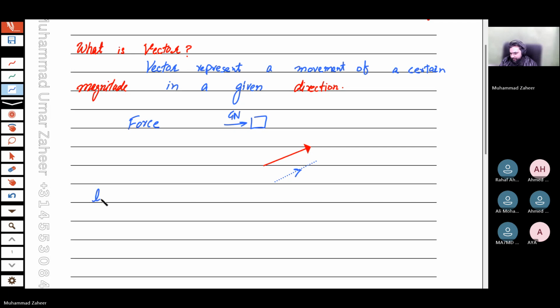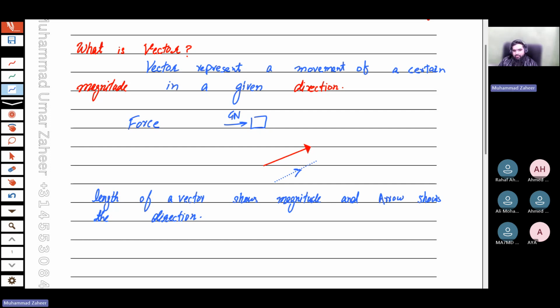So the length of a vector shows the magnitude, and the arrow shows the direction of the vector.